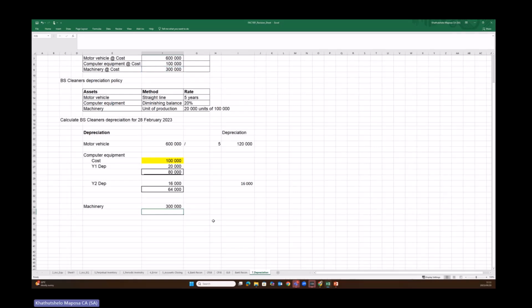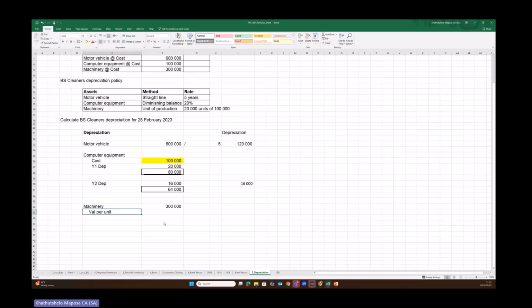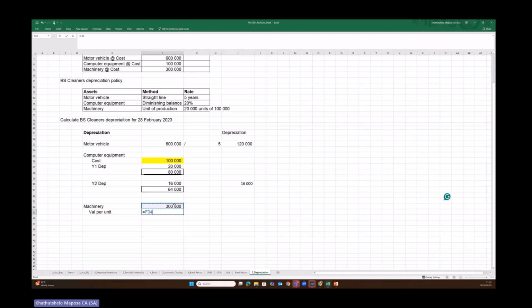300,000 which we bought it for, and in total you ask yourself, how much value does it lose per unit, meaning you take the 300,000 that we bought it for, divided by the 100,000 units that it will produce in total.